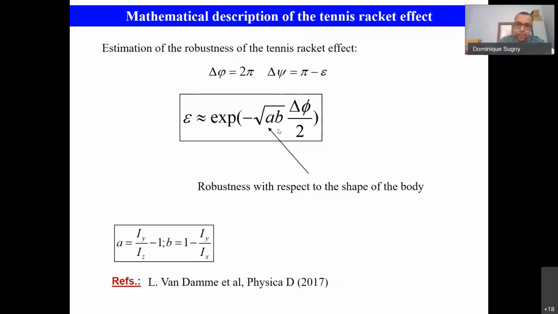And we can show that this approximate formula works very well, and can reproduce with a very good accuracy the numerical results that we obtain if we integrate the differential system.